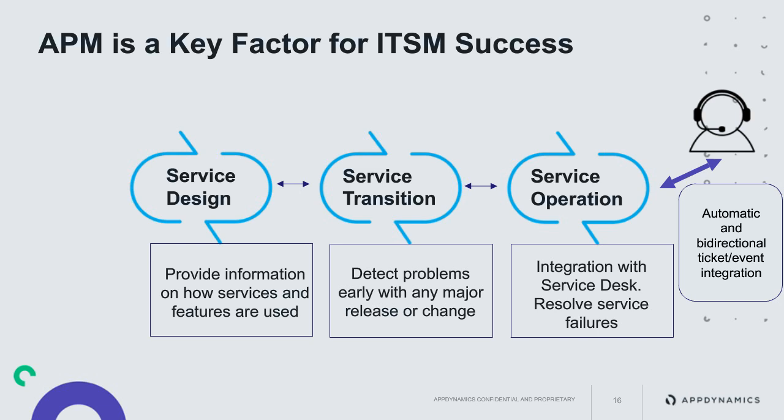So any good enterprise APM, application performance monitoring solution, should help you detect problems early with any major release or change. And here's the thing: it's not just about understanding technical problems which may be arising, but what you really want to understand is this notion of context on the business. What is the impact on the business for every release and change?